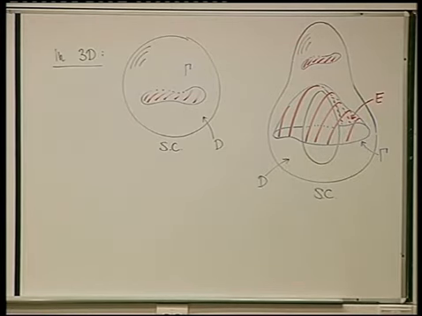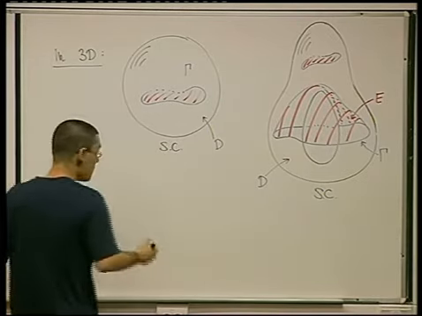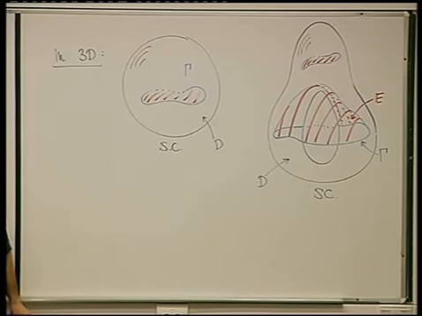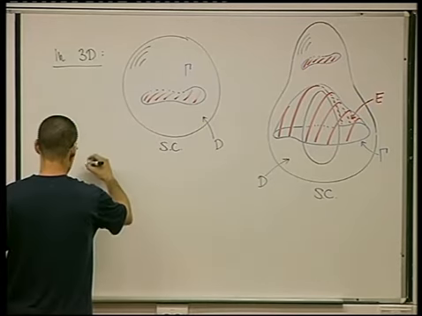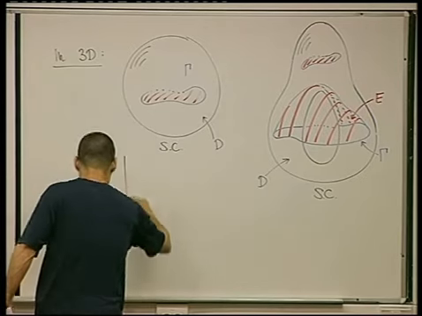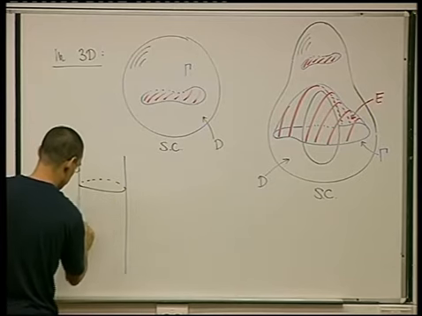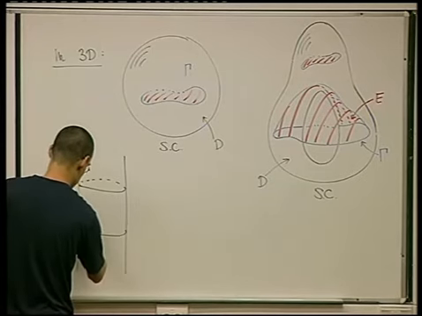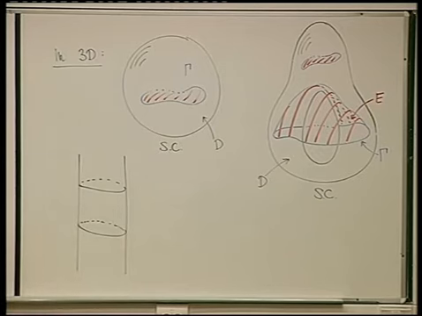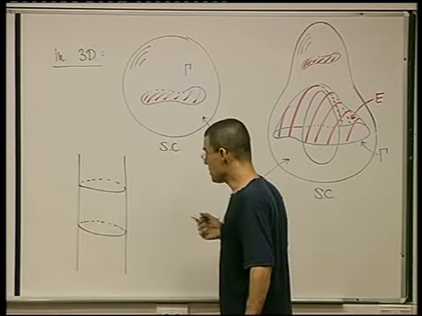Clear? So what would a domain in 3 dimensions that is not simply connected look like? So for example, a cylinder. A cylinder is not simply connected. So if you take an infinite cylinder, and it has to be a cylinder with volume.